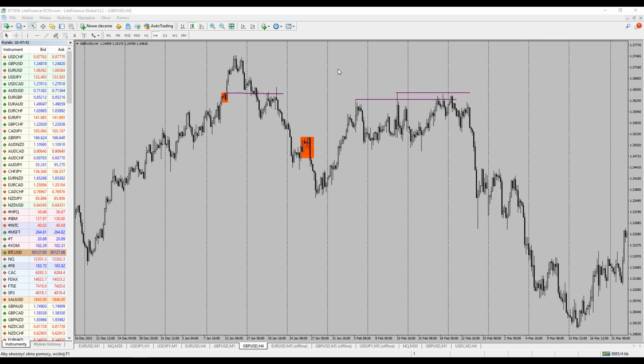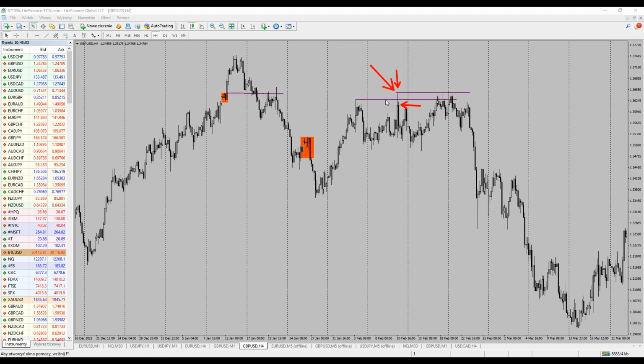But what has happened here, right, we were trying to take out this level, but we were not able. So immediately after the spike to the upside, we were shorting at the very beginning of the next candle with the stop 1 pip plus spread above this most recent high.